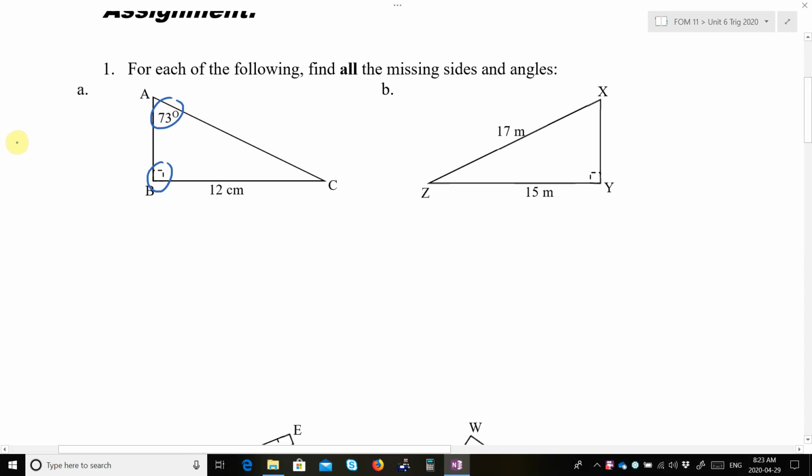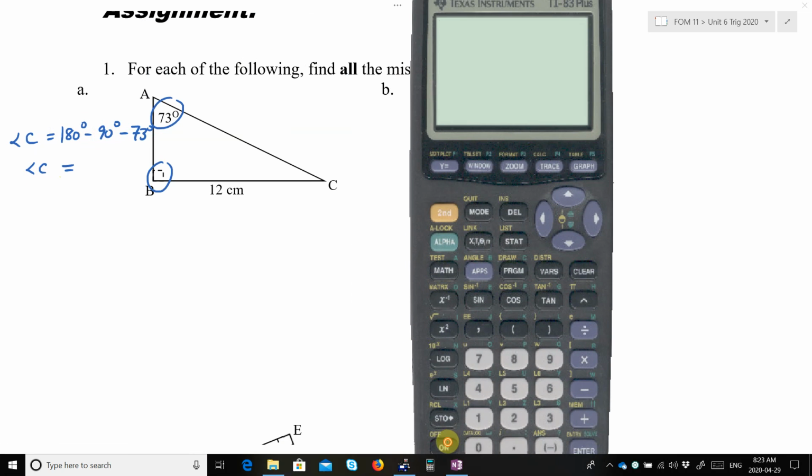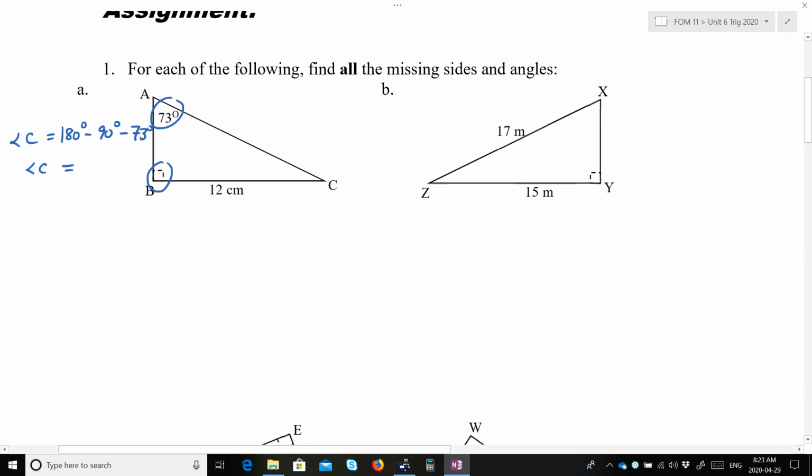So angle C is equal to 180 degrees minus 90 degrees minus the 73 degrees. 180 minus 90 minus 73, and we get 17 degrees. So this angle is 17 degrees.